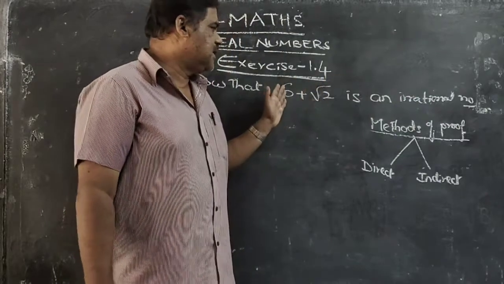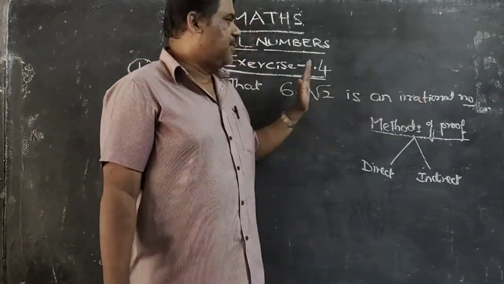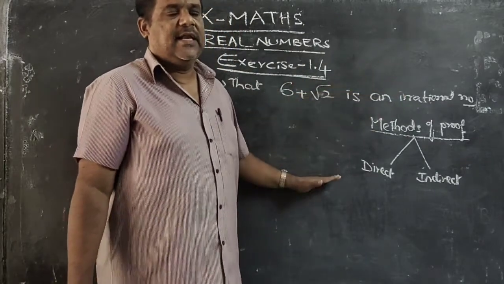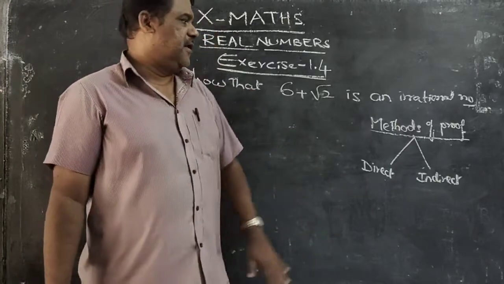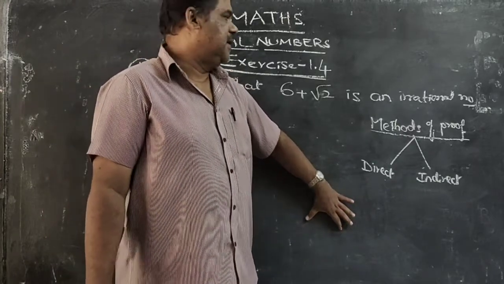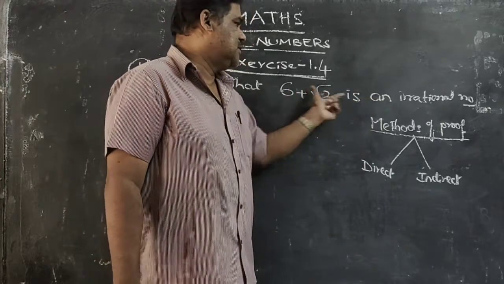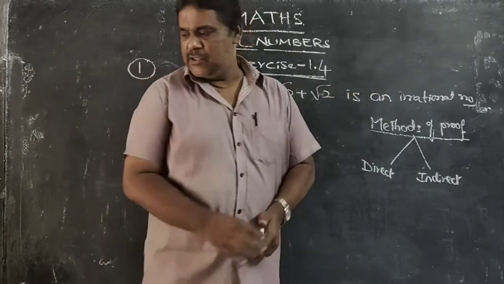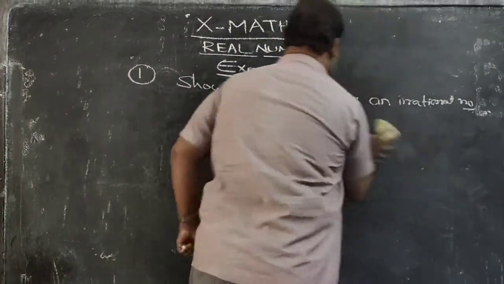When you get one impossible statement, then you have to conclude that our supposition is wrong. When your supposition is wrong, then the given statement is the correct statement. So this you will understand when we do one problem.